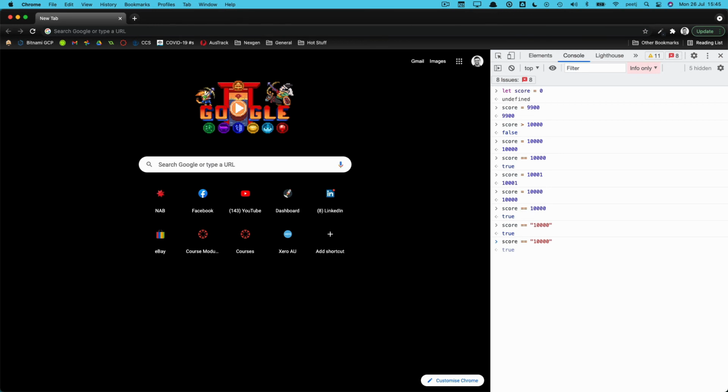Well, instead of equals equals, use equals equals equals. How's that for confusing? So whenever you compare things, you should really use equals equals equals, triple equals if you like. And if you want to do not equal to, instead of doing exclamation mark equals, which is not equal to, do exclamation mark equals equals.